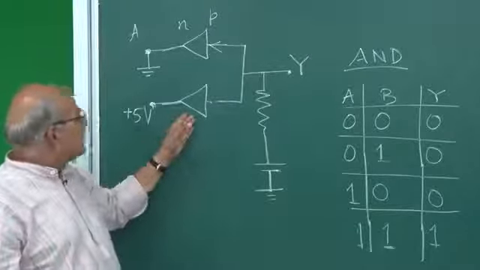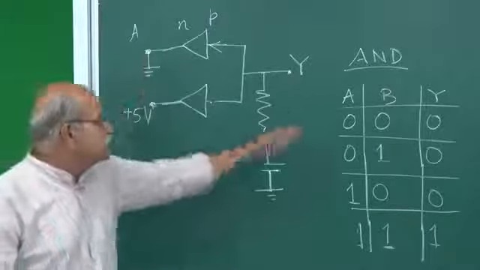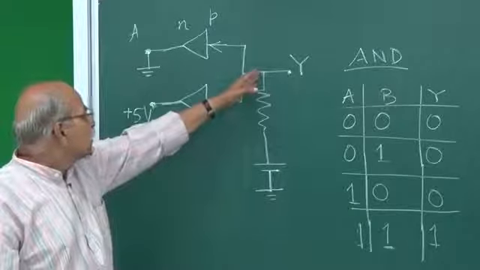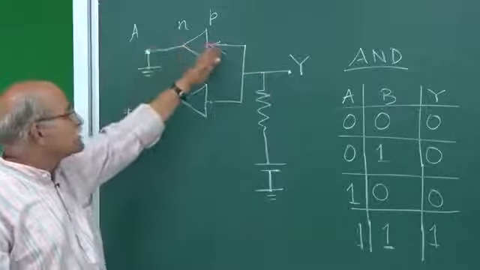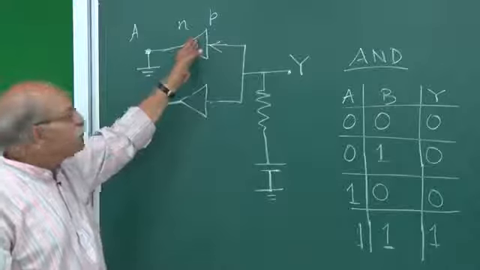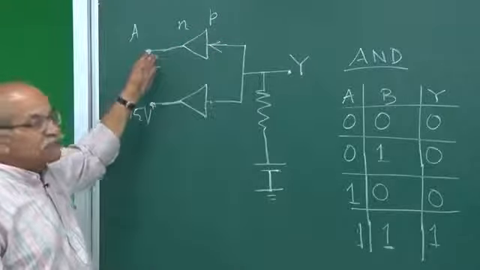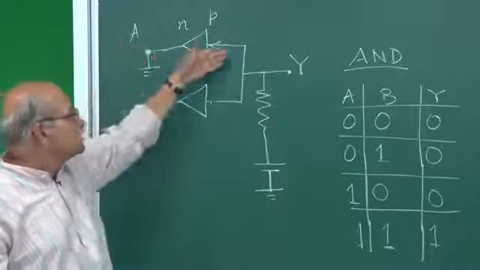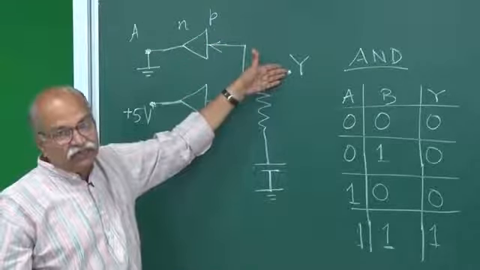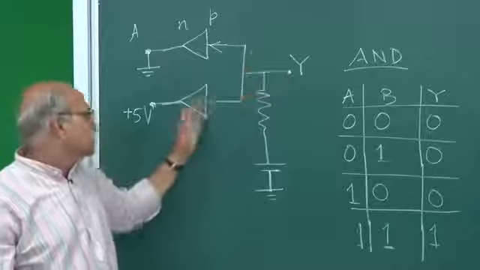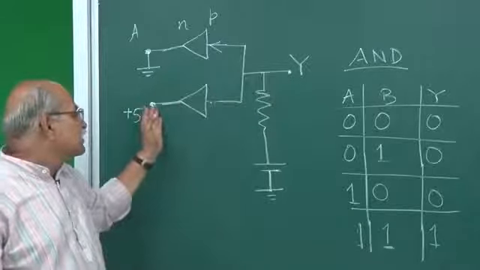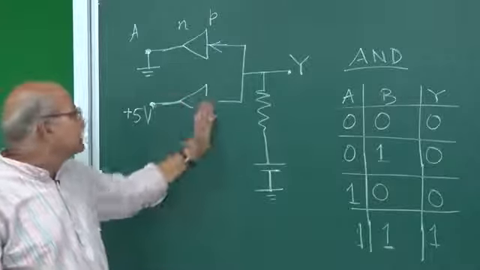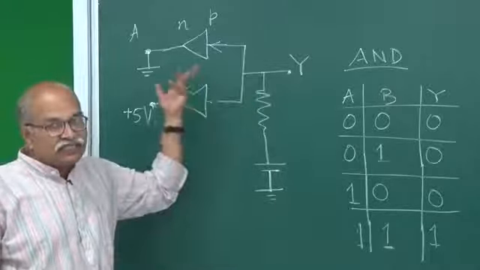But it doesn't matter. This is still grounded. A is 0. This is still grounded. And therefore, this is higher voltage, this is lower voltage, this is forward biased, and therefore the current will still be there. And once the current is there, once again the same story, if this is 0, then there is only a small voltage. Here it is 5 volts, no current is going, so this side is 5 and this point is a very small voltage, so that is fine.